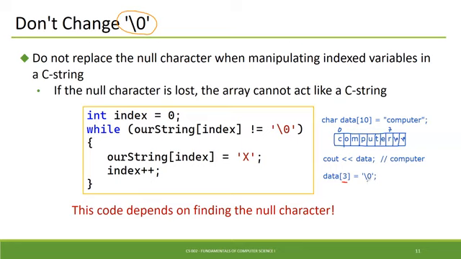I want to save the null character at data[3]. Then 0, 1, 2, 3. So P will be replaced with the null character. I just save the null character, so this will be null. P is gone. P is replaced with the null character.